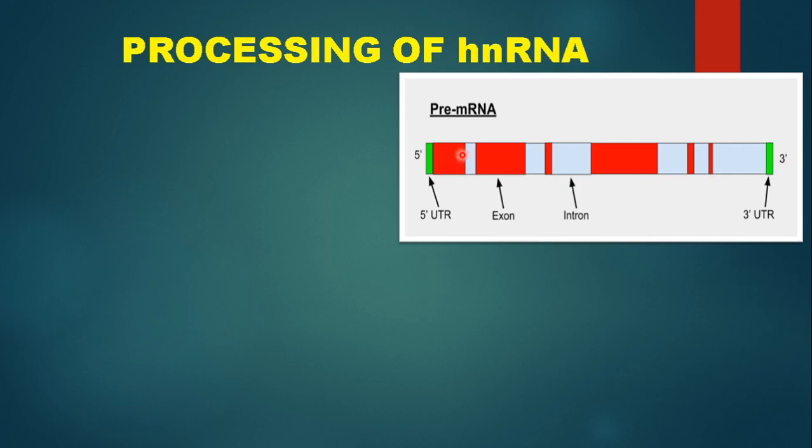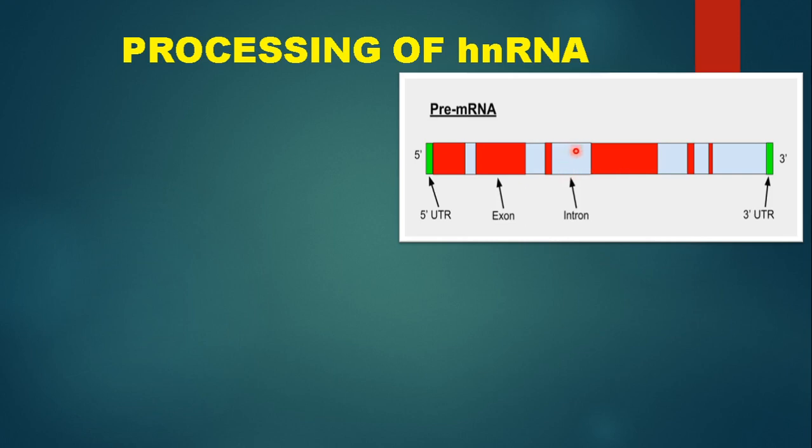Alternately, it is made up of some coding region and non-coding region. Coding region, non-coding region means only the portions which have been marked red here are responsible, or they can help in protein formation. They can help in coding for the protein.